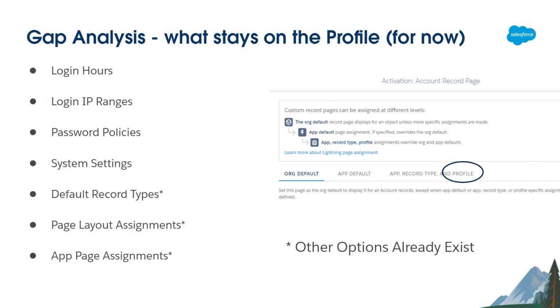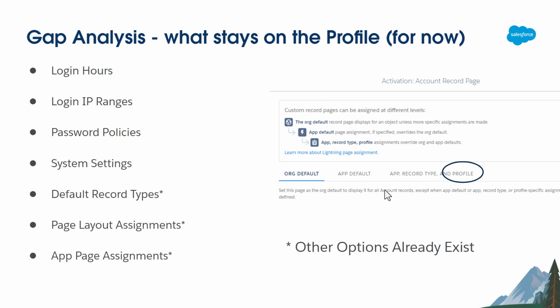And of course, do we do that via record type? I don't know. The last one there is app page, and I think this isn't so much a challenge here because in all honesty, I don't know when I've used this. I've always normally made it by app or org default.